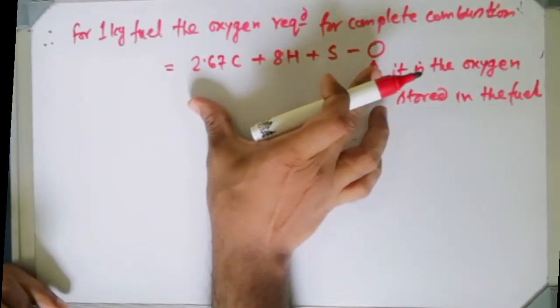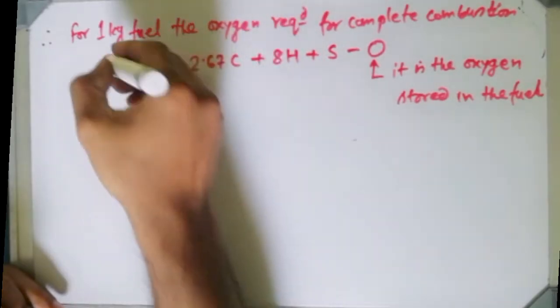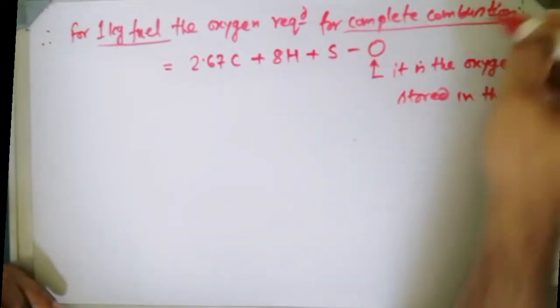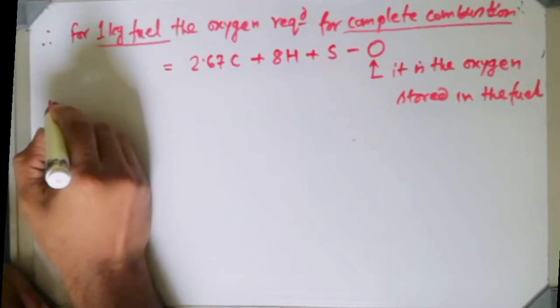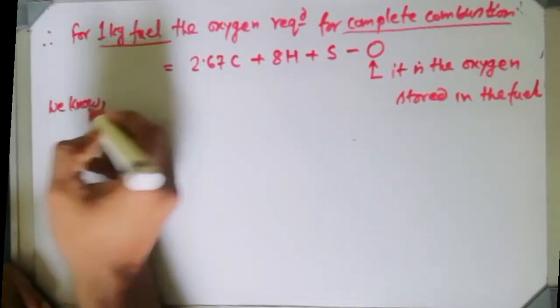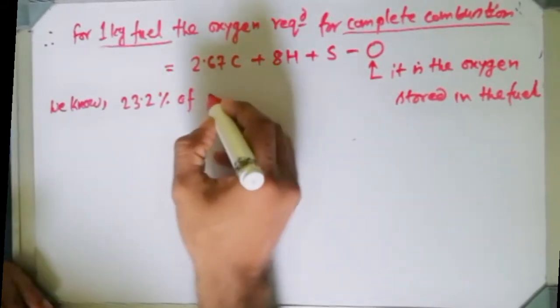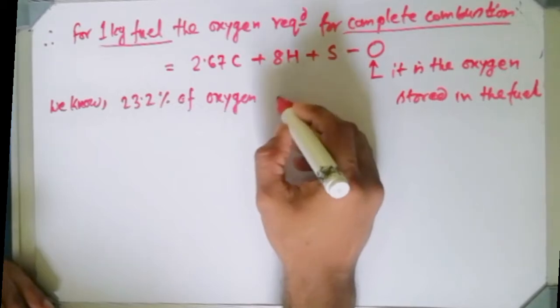Now we know that air contains 23.2% oxygen. Mind it, this is the mass percentage, not the volume percentage. If we consider volume, it will be 21%. What does this mean?